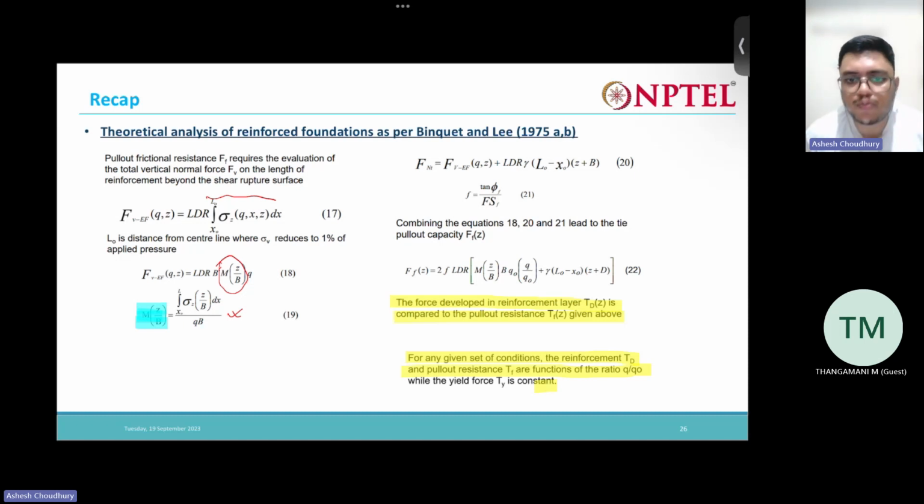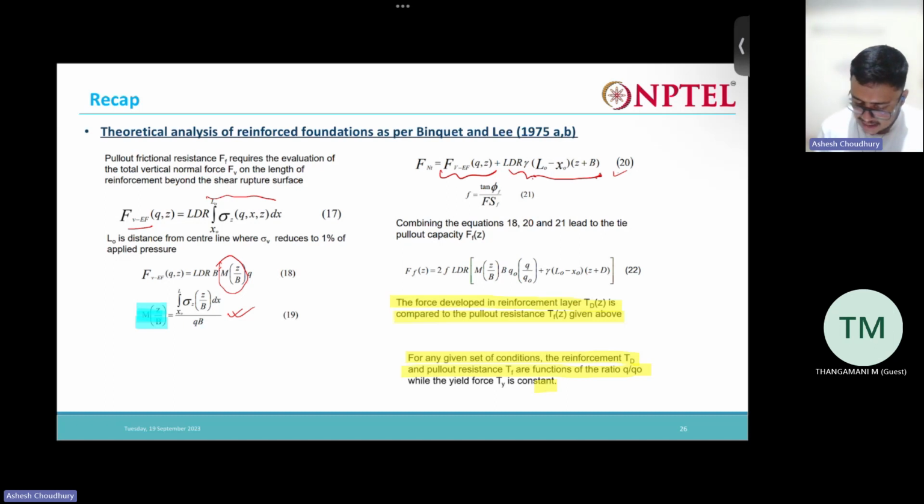The total pull out force that is coming is nothing but this, coming from integrating the total equation.